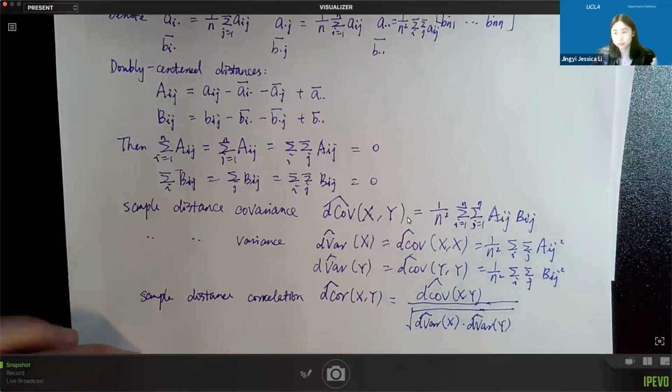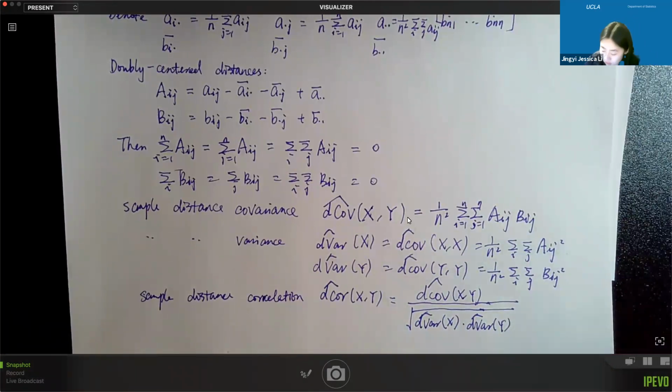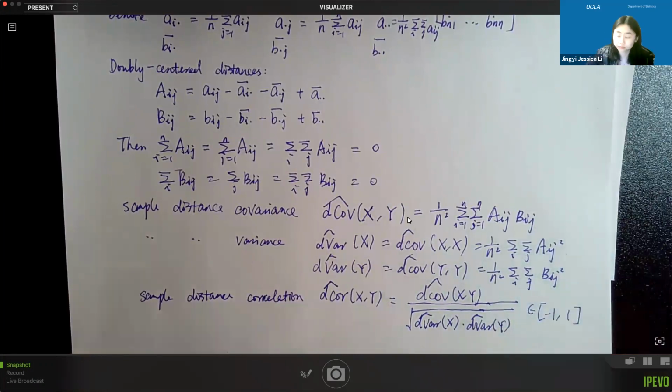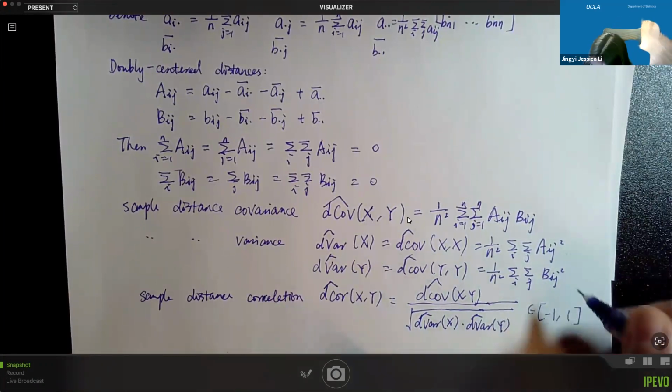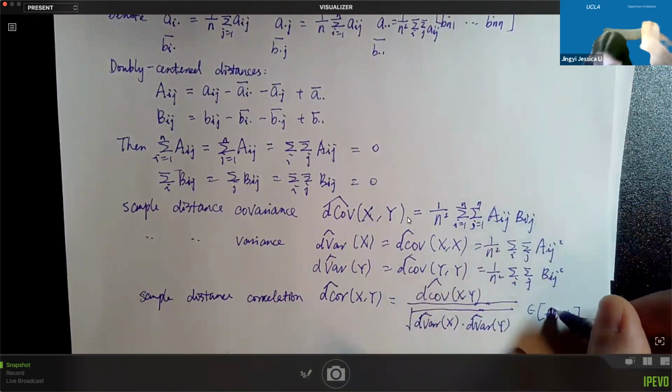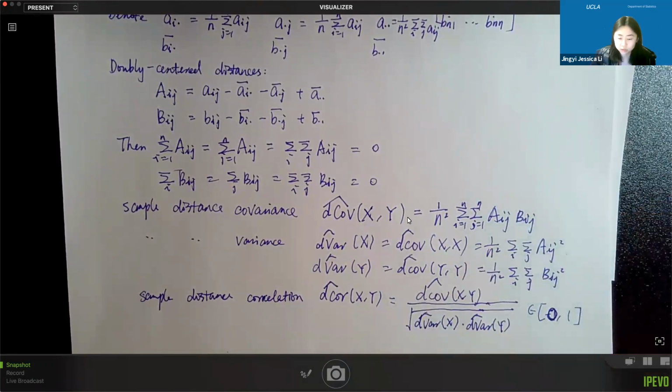That's it. We can show that by this definition, it's going to be between -1 and 1. Actually, I think it's 0 to 1, right? Because I don't think this can be negative. Yeah, I think that's a typo in the notes. We need to correct that. So it should be from 0 to 1.